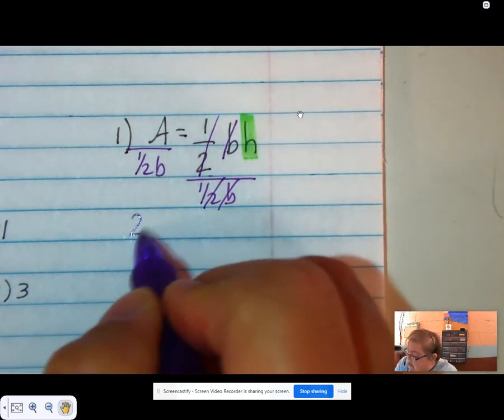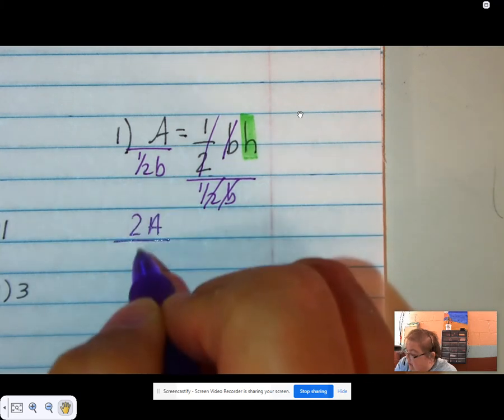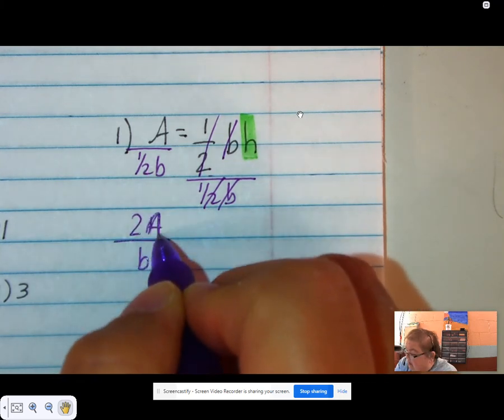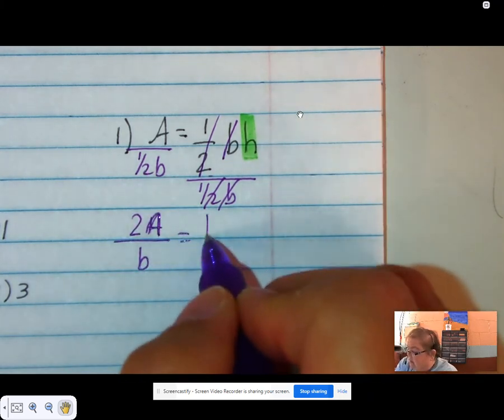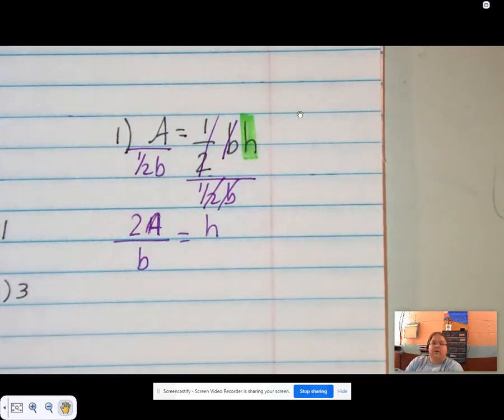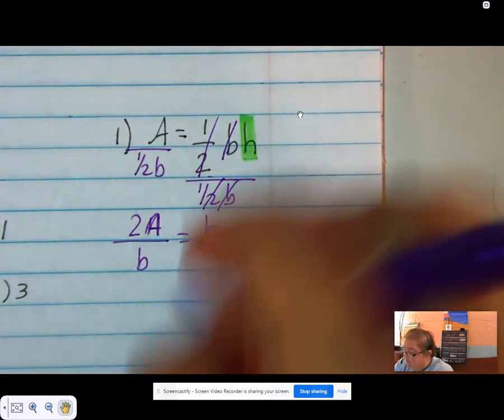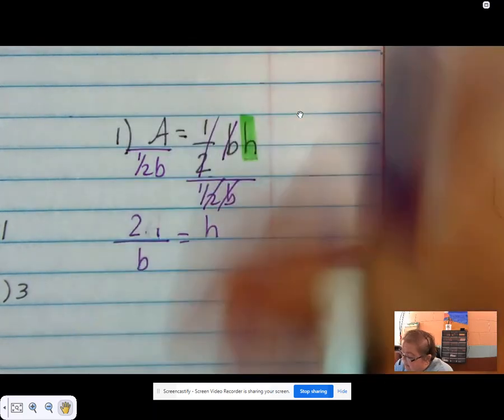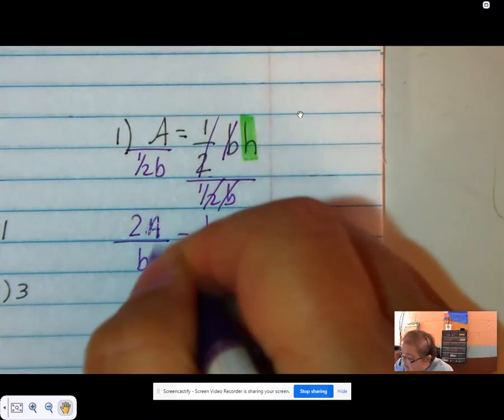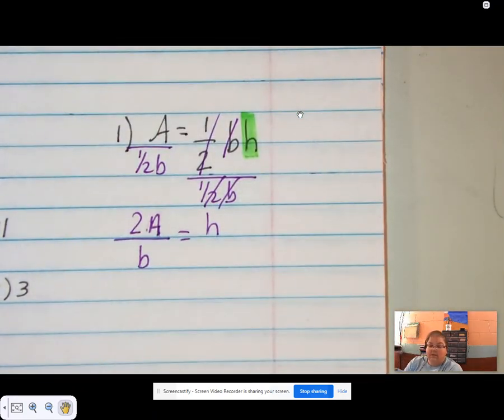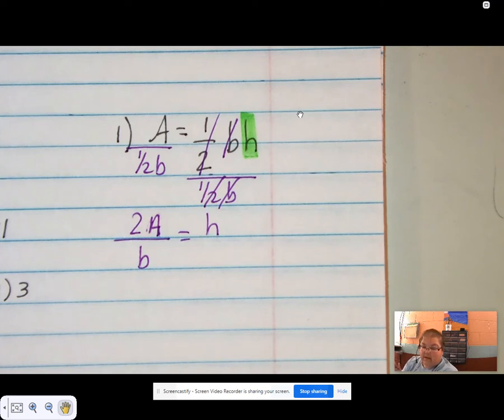It's going to become 2 over 1b, and the 1 we don't need. Okay? You're just going to flip that fraction. The 2 is going to go on top, the 1's going to stay on the bottom that we don't need to write. Okay? Just a quick way to do that.